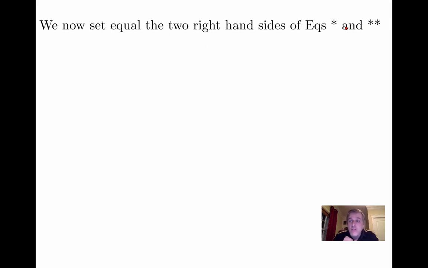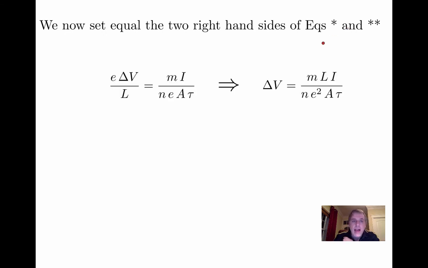Both equations are equations for the force, so the two sides must be equal. That was our first equation for the force, E delta V over L, the length of the resistor, and this is our second equation for the force. These must be equal. From this, I solve for delta V. I isolate delta V, and I get this equation here.